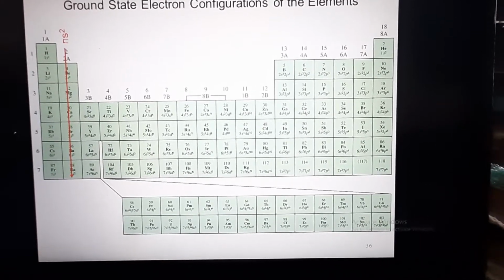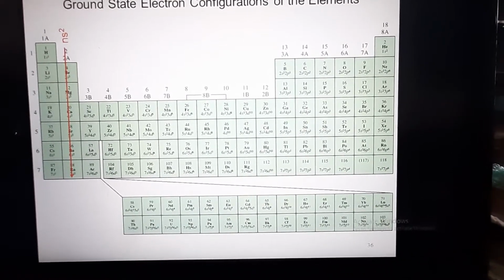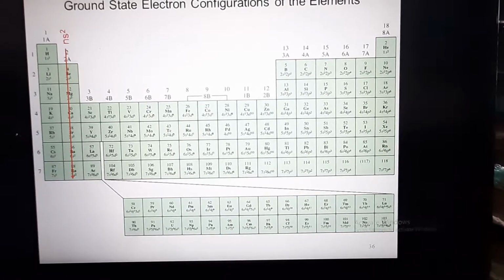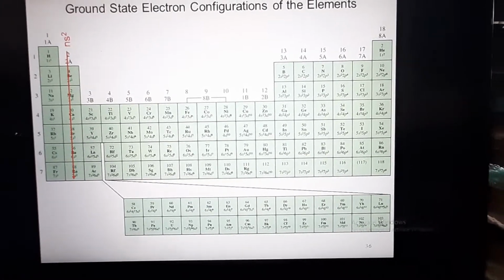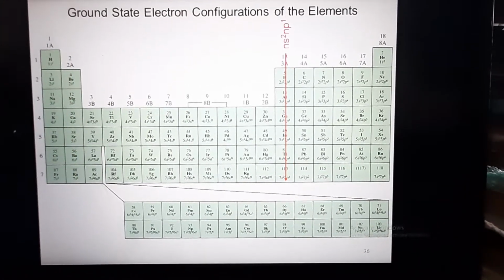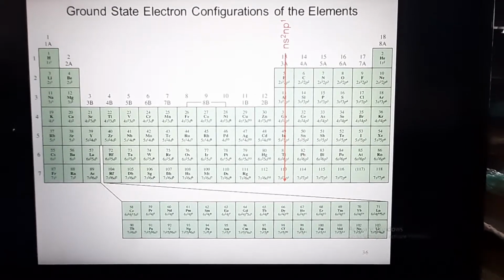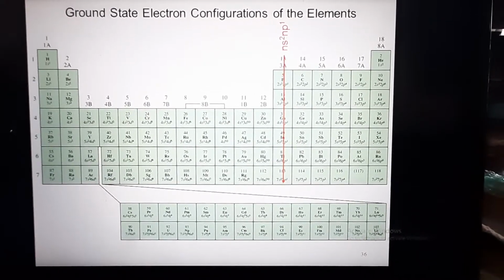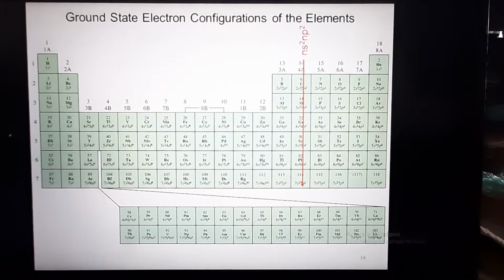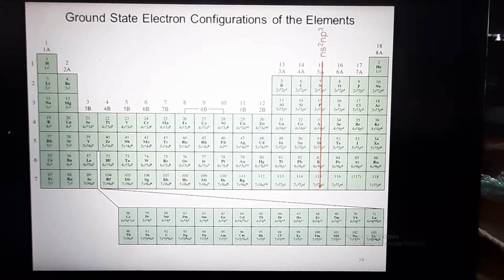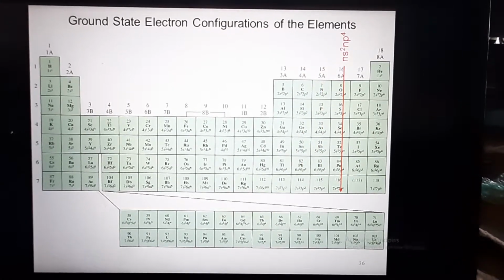All of column 2, the alkaline earth metals, have an ns2 at the end of their electron configurations. All of column 3A have an ns2 np1, then an s2p2, s2p3, and so on.